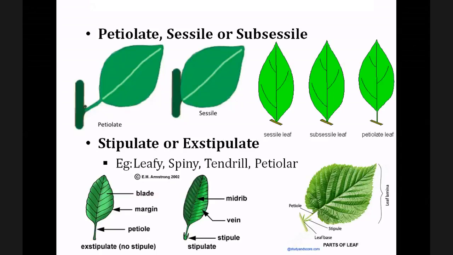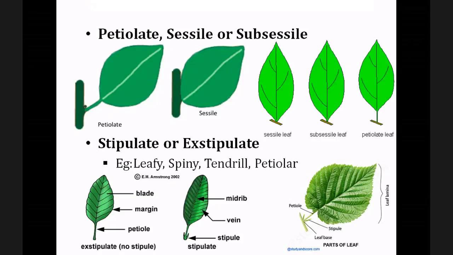If the leaf having the stipule, then this stipule may be leafy or spiny or tendrils or petiole. This stipule further modified as a leafy. Some stipule modifies as a spine structure.